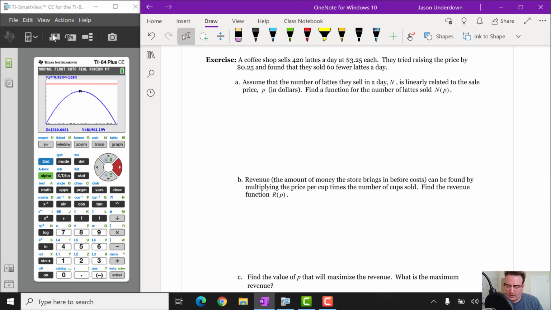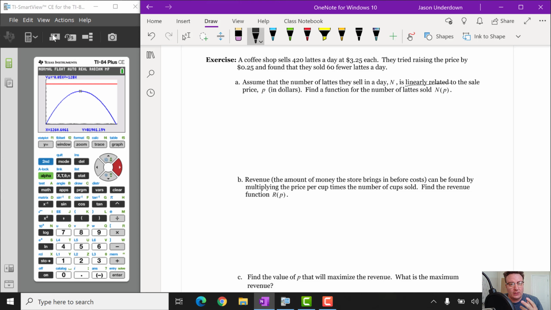So the key is linearly related. That tells us that this function, the number of lattes as a function of price, should be a line. That's what linearly related means. So how can we get the equation of a line? Well, certainly one way is if we know 2 points on the line.